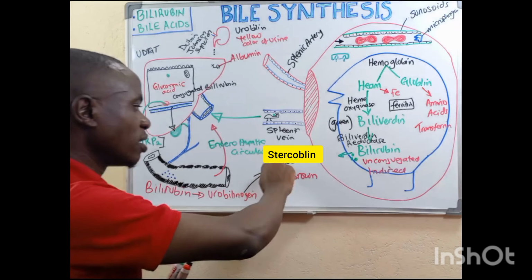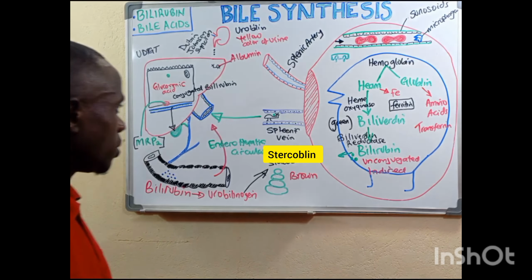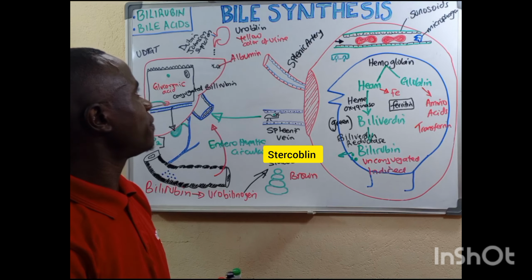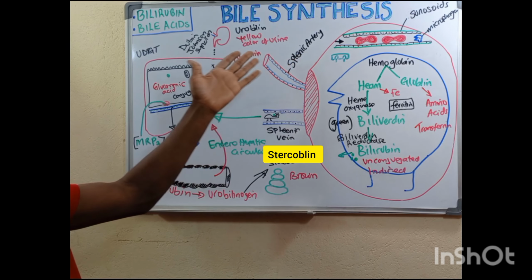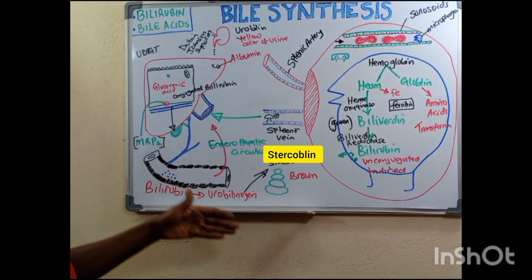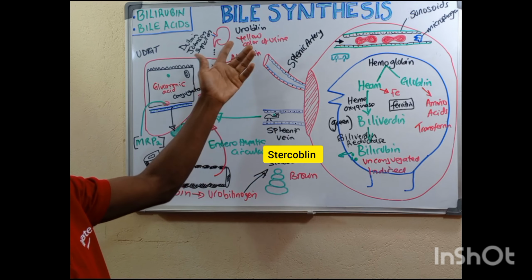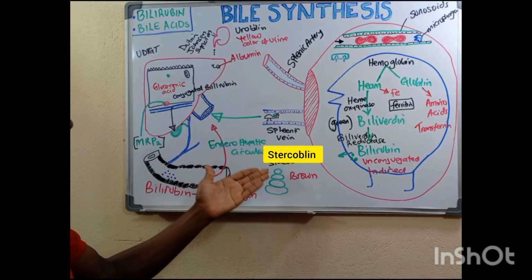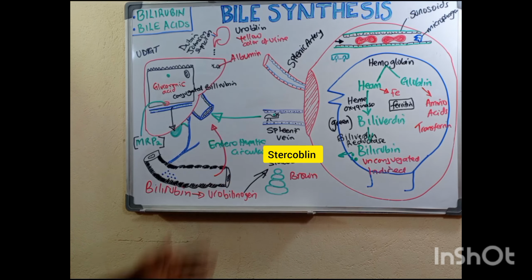So that briefly covers the synthesis of bilirubin, how it moves through the intestines, and how it turns the urine yellow and the stool brown.